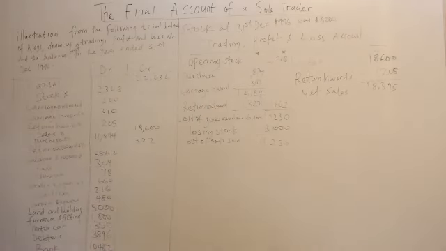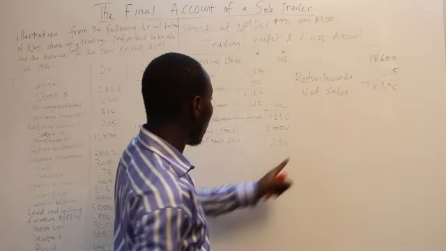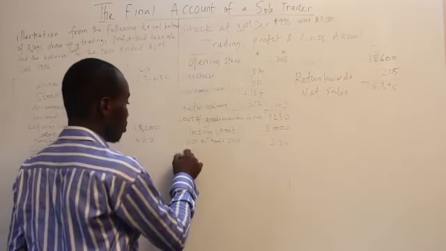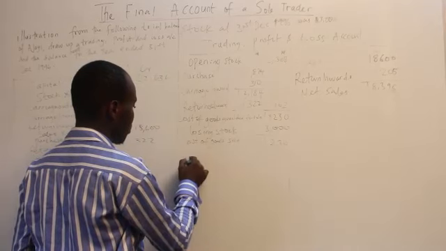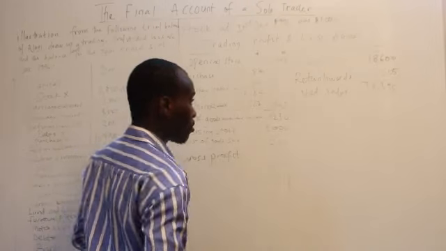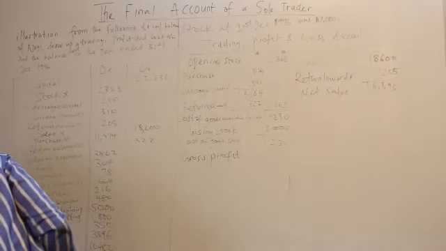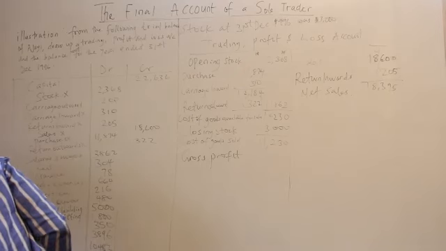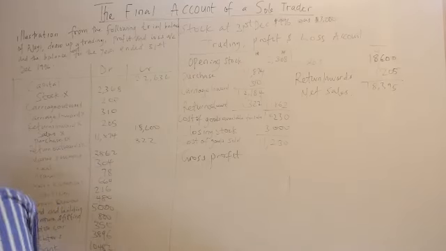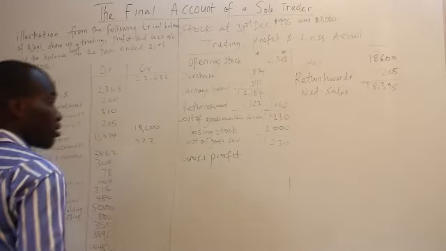So the next thing is our gross profit. That is the excess of net sales over cost of goods sold. So the difference between that gives us our gross profit.